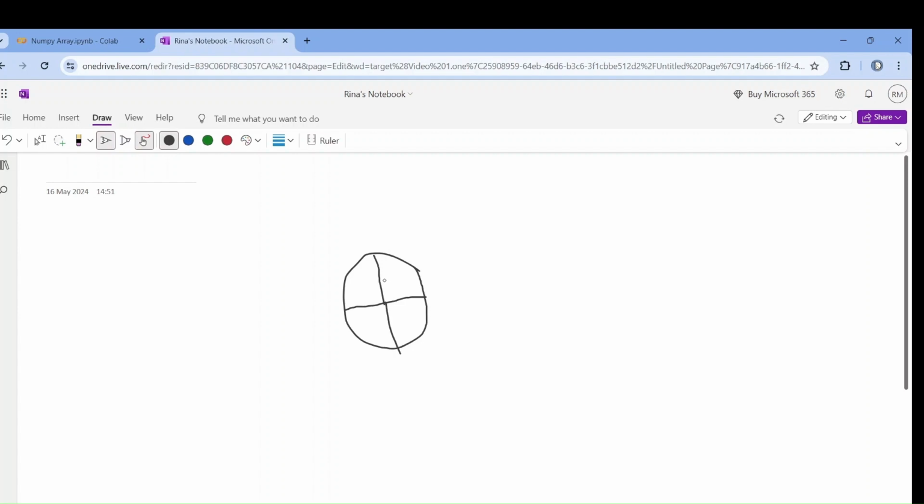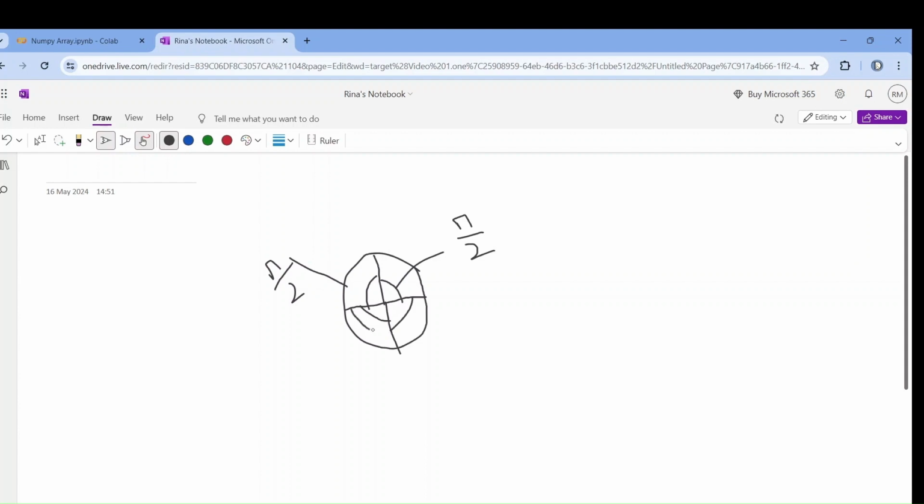Now tell me, what is the angle value? That is 90 degree, or we can say this is pi by 2. What is the value for this one? Same, pi by 2. The next one, pi by 2. And this one, pi by 2.